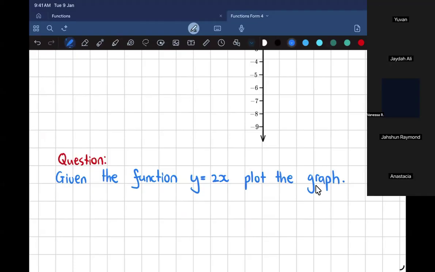I'm going to give you all some x values to use. Now you're going to notice that this graph is a line, so you don't need so many points.